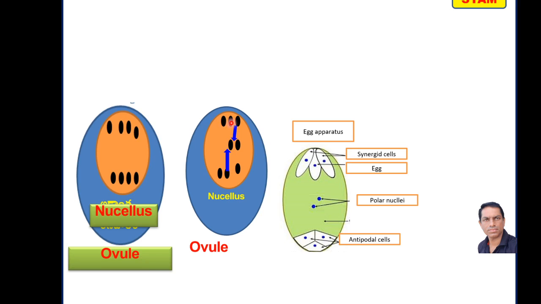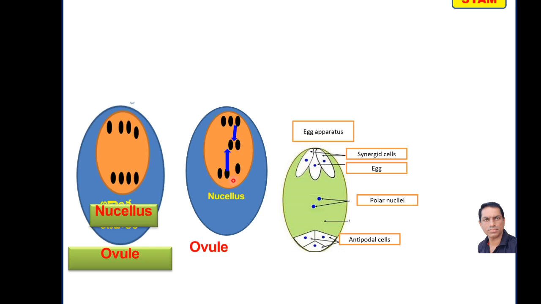The three nuclei towards the micropyle side form cell walls, and these three cells are called the egg apparatus. In the egg apparatus, the middle cell is called the egg. On either side of the egg, the two cells are called synergid cells.